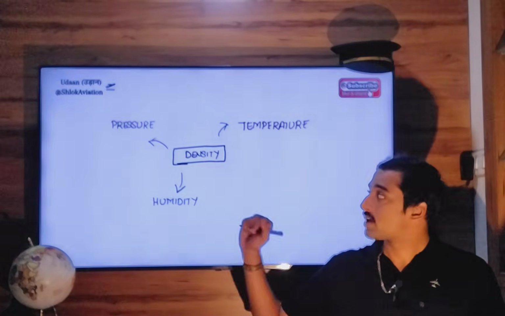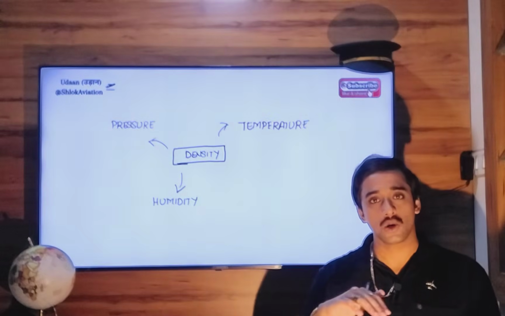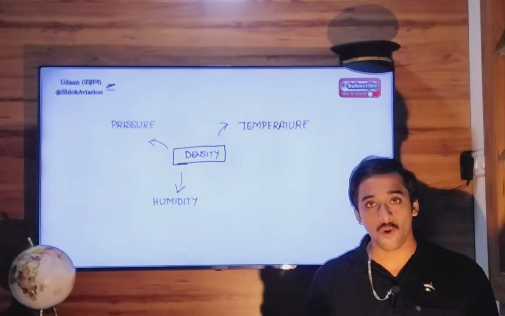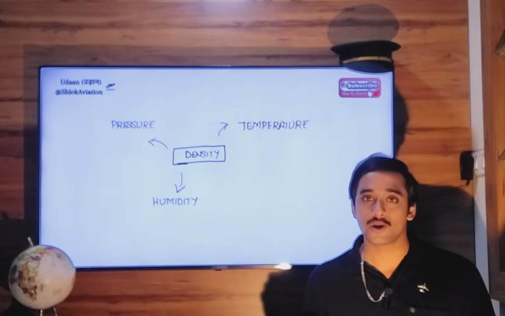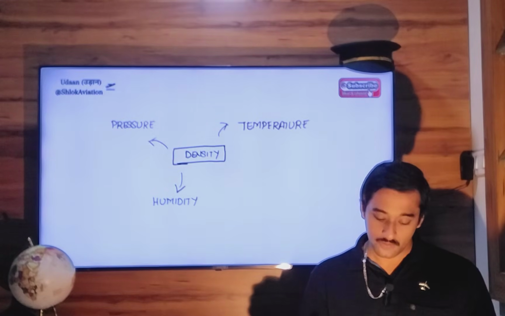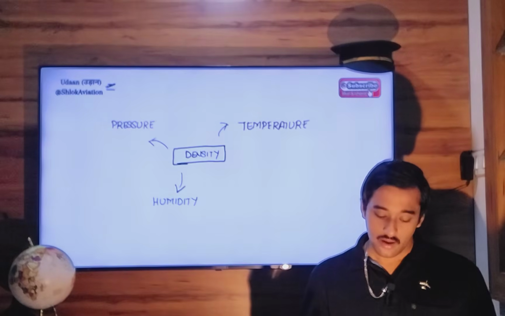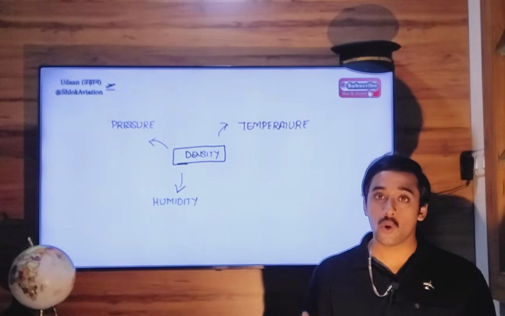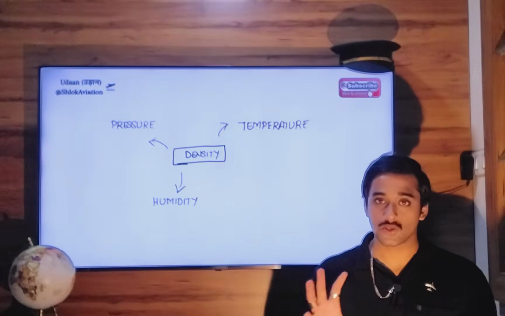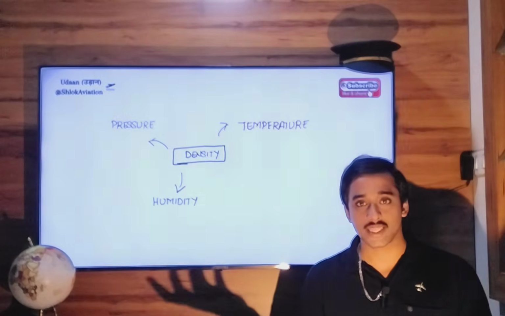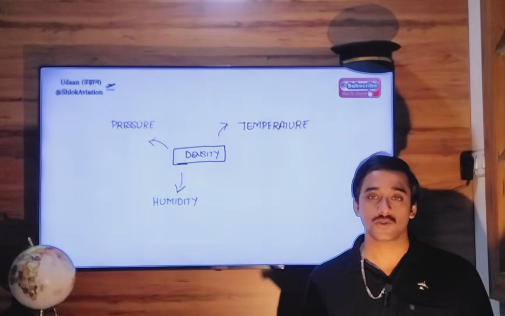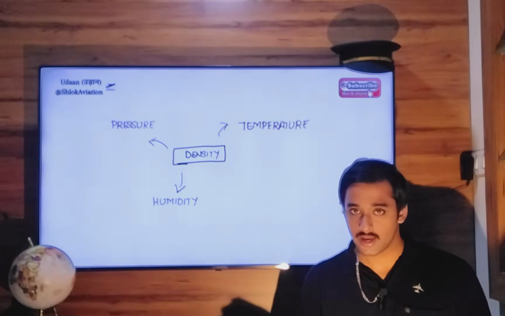Now pressure. You know that at ground levels, at lower altitudes, atmospheric pressure is more than at high altitudes, right? So density is affected by pressure. When atmospheric pressure is more, that means more density of air. Less atmospheric pressure means less density of air.